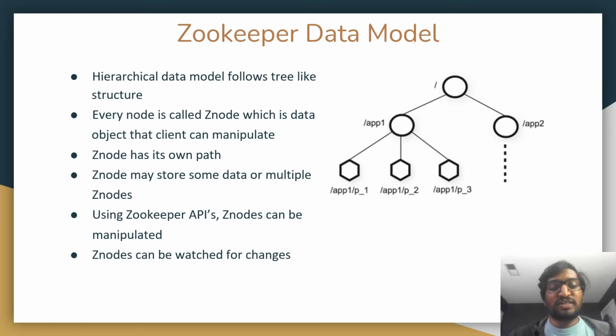And every Z node has its own path, and a Z node may store data, any kind of data, or it may store multiple Z nodes as well. And these Z nodes can be manipulated using the Zookeeper's APIs, and every Z node can be watched for any kind of changes in that node.